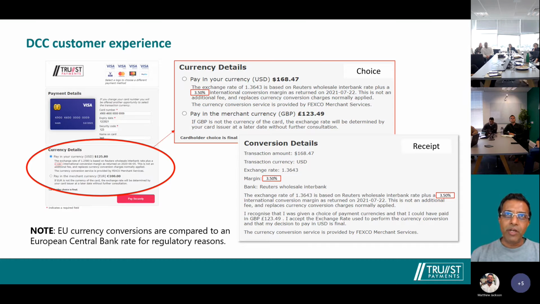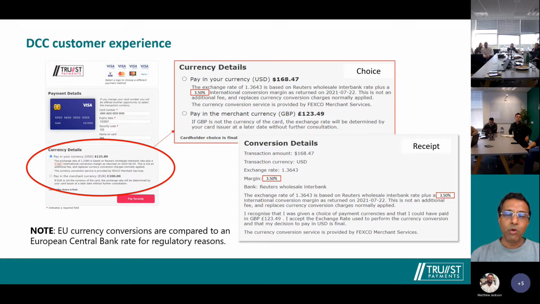Okay, now EU currencies, the EU has a slightly different law where we've got to do a comparison against an ECB rate. But the ECB being the European Central Bank, right? But the screens look very much the same, very much like this.